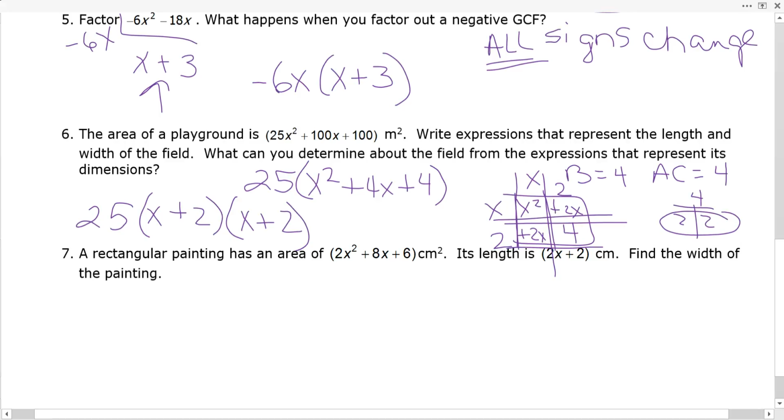So the first thing I know is it's a square, because here's my length and my width, and they're the same. And I think what that means is it's just 25 times bigger.